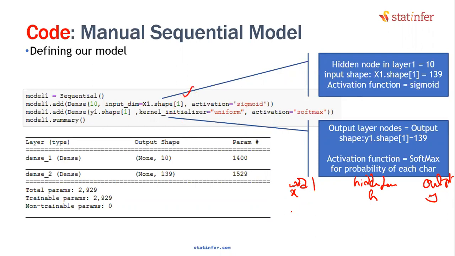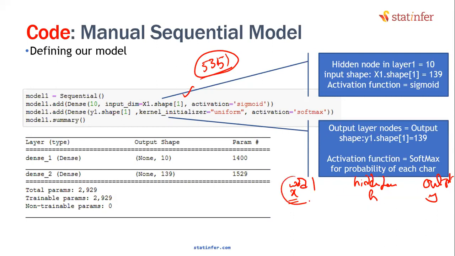Think about the number of nodes in the input layer. Is the number of rows the number of nodes, or is it the number of columns? Is it 5351 or something else? How many nodes are there in the input layer?